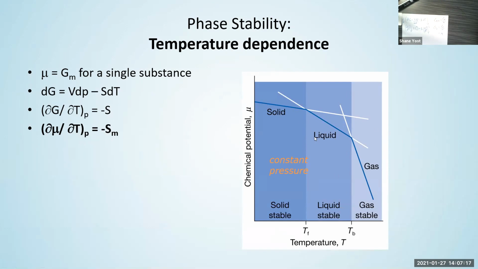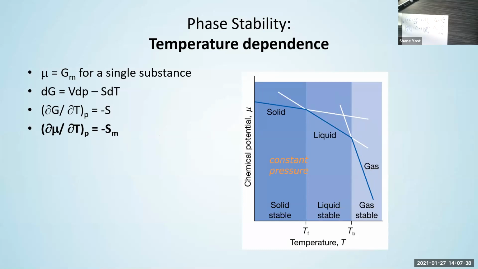And then we see that the reason why the solid line is more flat while the gas is much more vertical, the slope is much greater for gas compared to solid, is because the entropy in a solid is much, much less than the entropy in a gas.